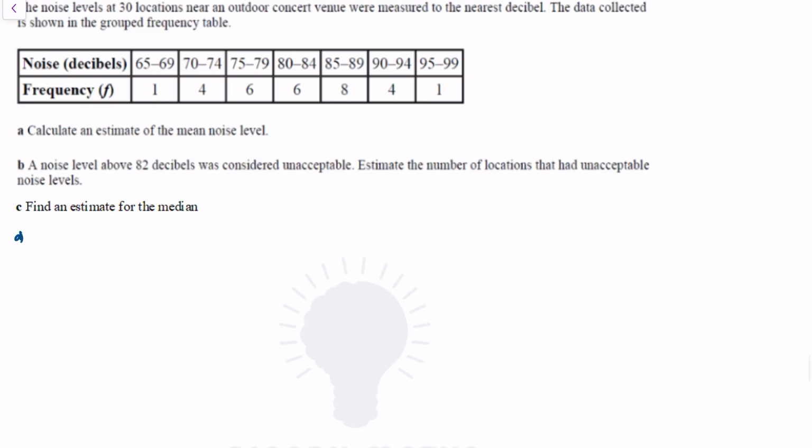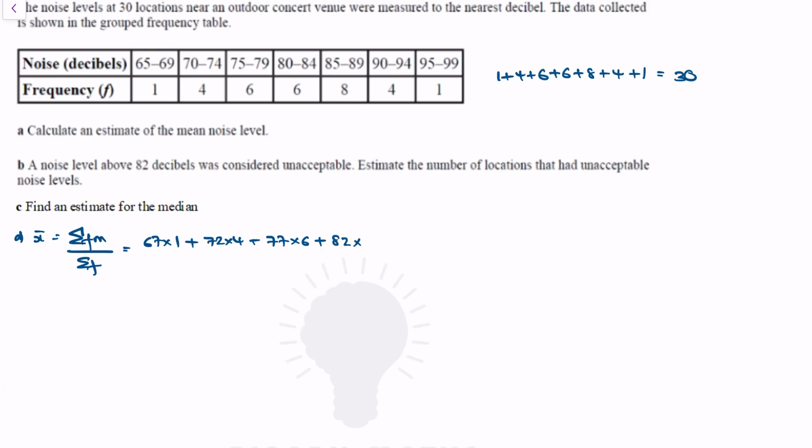Again, it's grouped frequency data, so x bar is the sum of f times m over the sum of f. 1 plus 4 plus 6 plus 6 plus 8 plus 4 plus 1 is 30. The sum of f times m is 67 times the frequency plus 72 times 4 plus 77 times 6 plus 82 times 6 plus 87 times 8 plus 92 times 4 plus 97 times 1, all over 30.